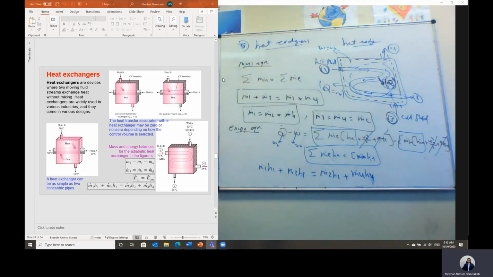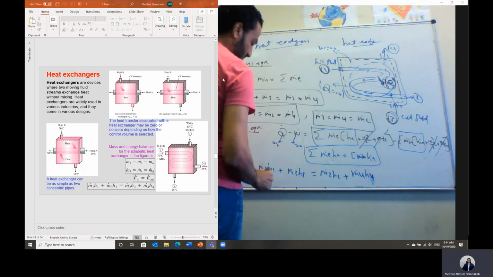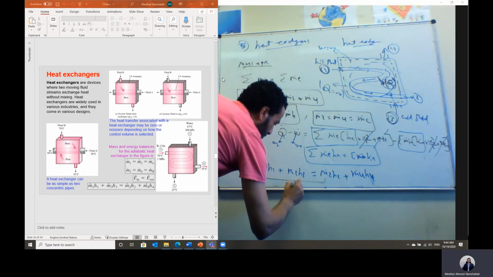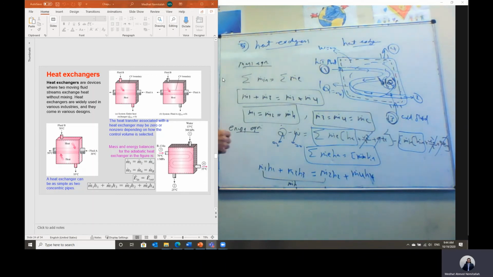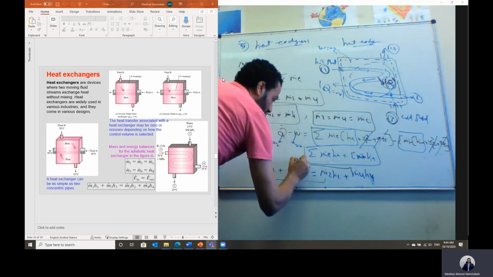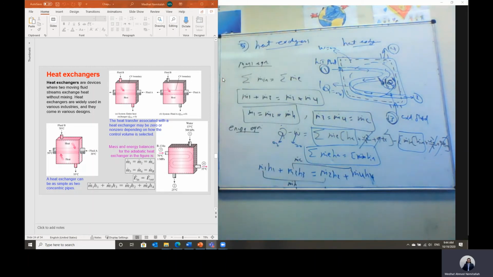But from the mass equation, m dot 1 is the same as m dot 2, which we call m dot hot, the mass flow rate of the hot fluid, and m dot 3 is the same as m dot 4, which we call m dot cold.